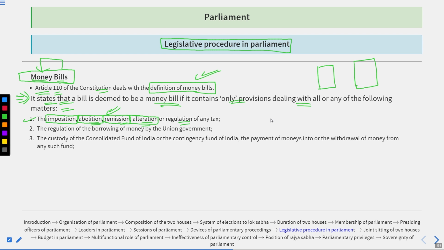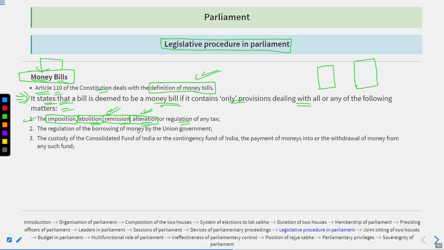But apart from this, the government change the tax slab, maybe reduce it or increase it. If they reduce it, it means that 10% would not be paid by you right now and you are required to pay only 5%. If increase it, then 15% you have to pay it. Okay, that is called the alteration.